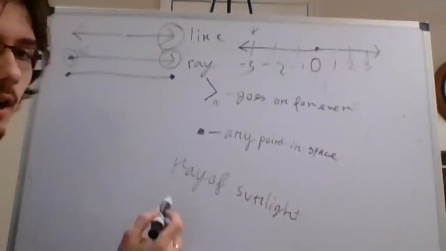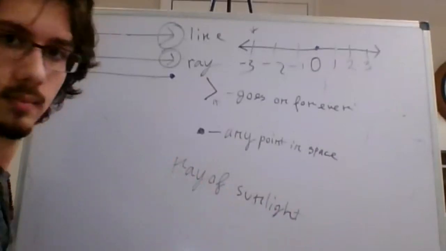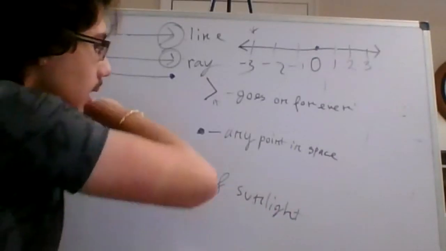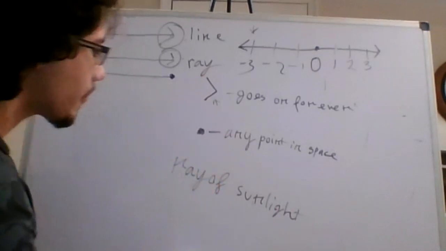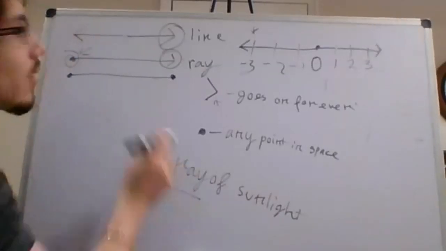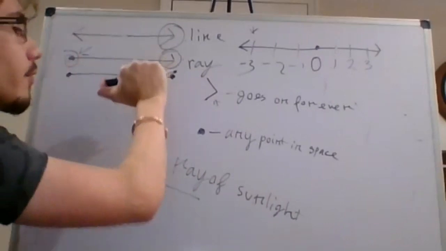Have all of you heard the term ray of sunlight? Yes, sir. So this is where the term came from, because a ray describes a beginning and it goes on forever.